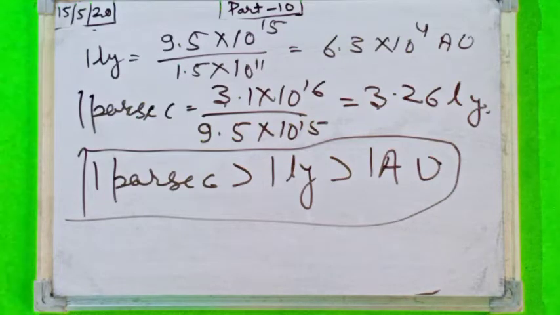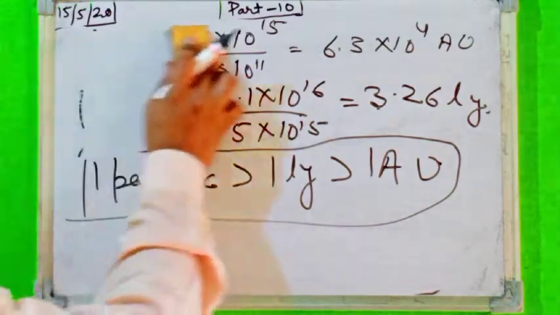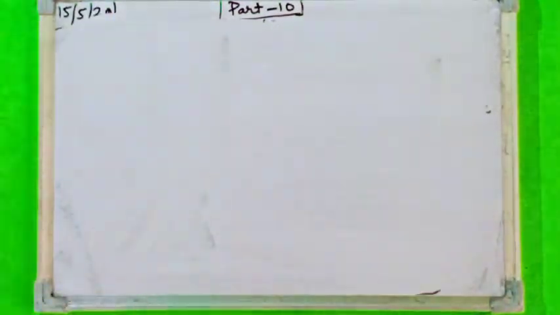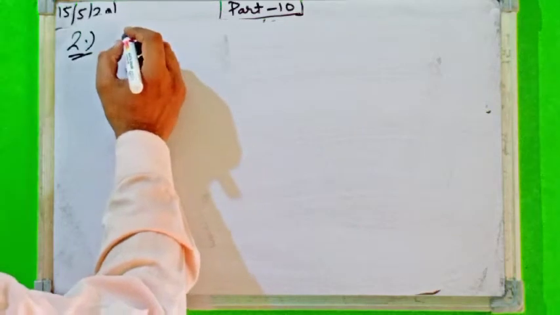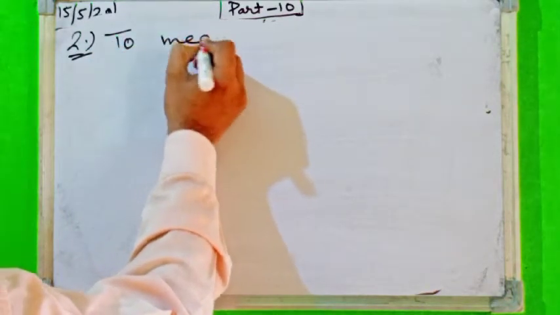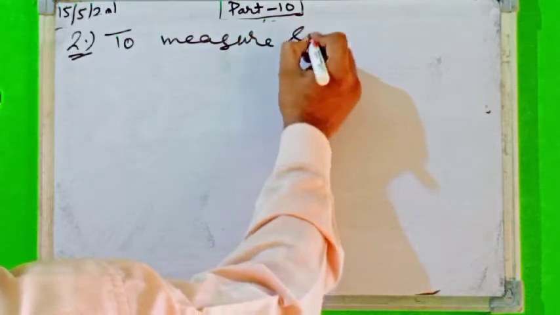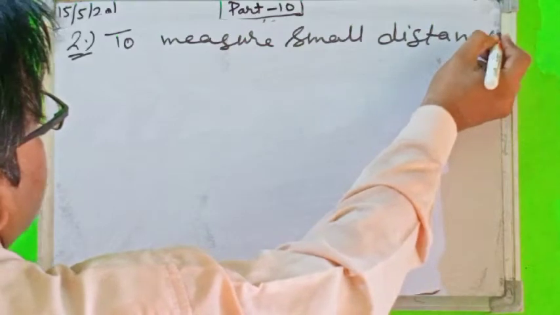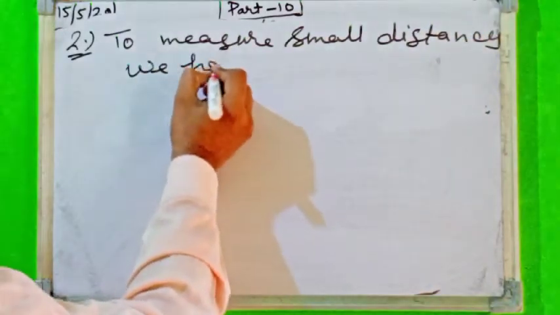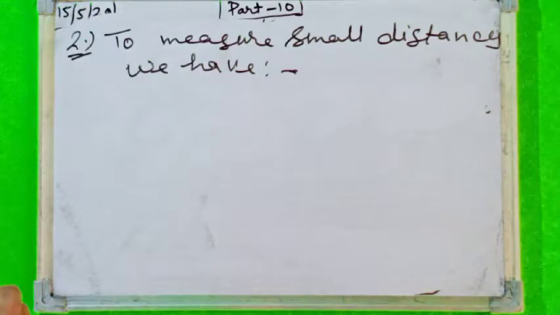Now these are the general practical units which are used for the measurement of large distances. Now, some practical units for measurement of small distances.